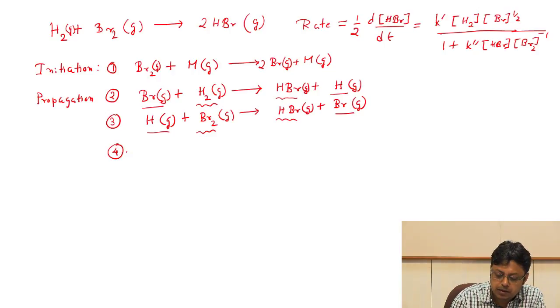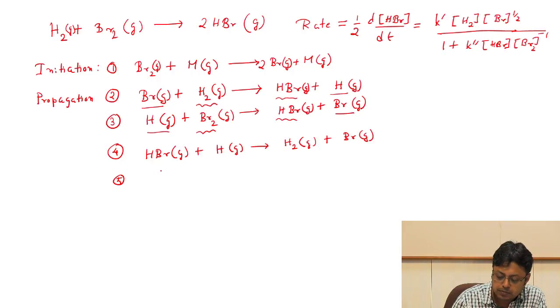One of the trappings is if the product HBr traps a hydrogen radical in the system to form H2 and a bromine radical, or this product HBr can also trap a bromine radical, giving rise to a bromine molecule plus a hydrogen radical.